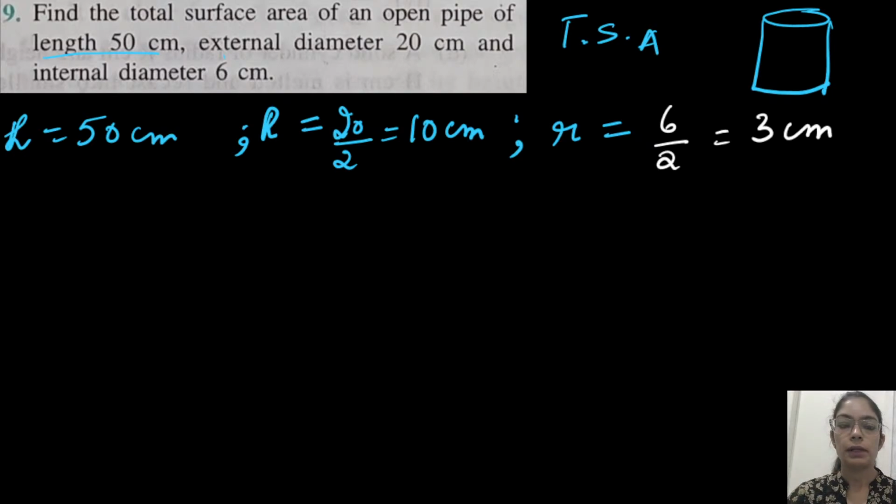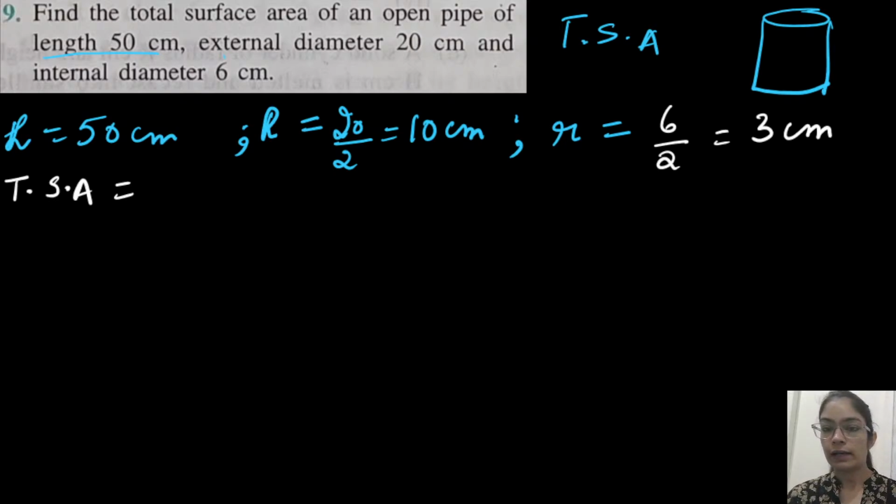So what is the formula of total surface area? This is a hollow cylinder, so we have already discussed the formula. Let's see who will tell me the formula. What is the formula of total surface area of hollow cylinder? How can you recognize that this is a hollow cylinder?